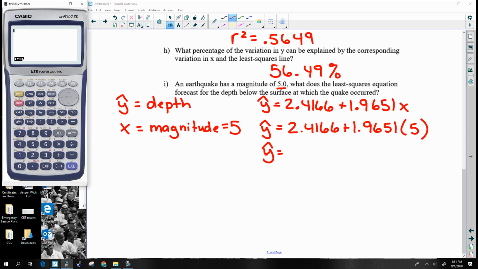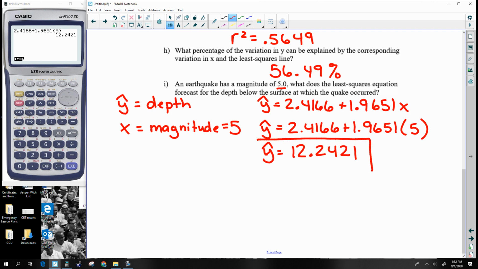So I go to just my regular old calculator and I plug this in. There it is.